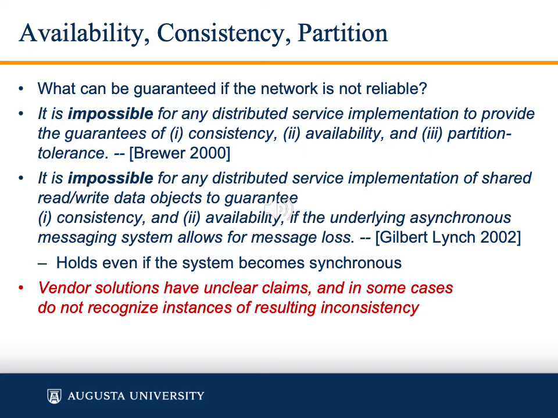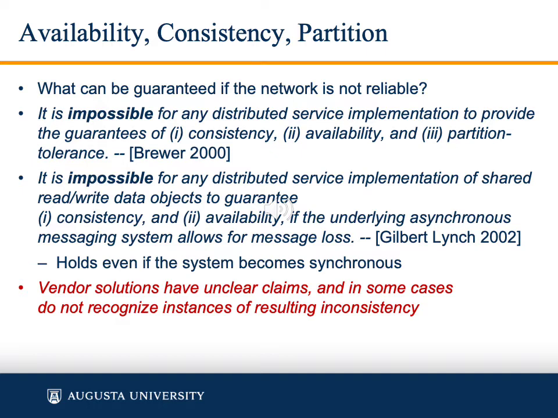It is well known that providing availability, consistency, and partition tolerance in a distributed system is a challenge, and this challenge even leads to some impossibility results under specific circumstances.